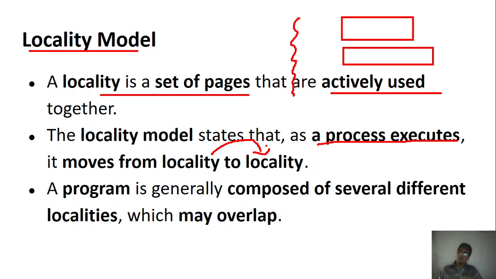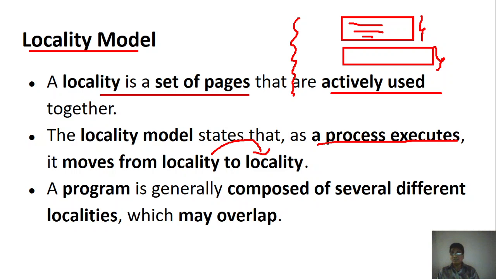Similarly, when the program executes, it will have one locality, and after some time it will have another locality. Remember, a locality will contain a number of pages inside. It's not one page, it may be a set of pages.